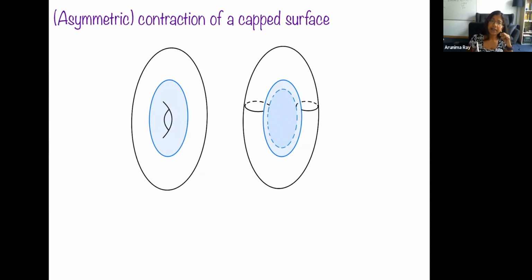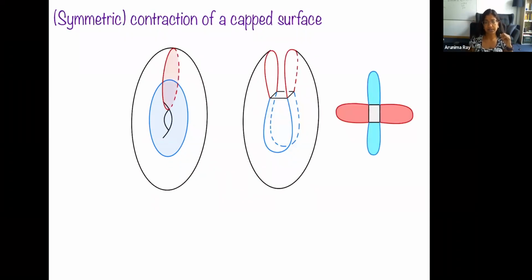The contraction that I actually want to do, though, is something that's more symmetric. So I'm going to now have caps for a symplectic basis of curves for the homology of the surface. So in this case, a meridian and a longitude. And I'm going to do this contraction process using both of those curves. So first, I'm going to cut the surface along both of these circles.